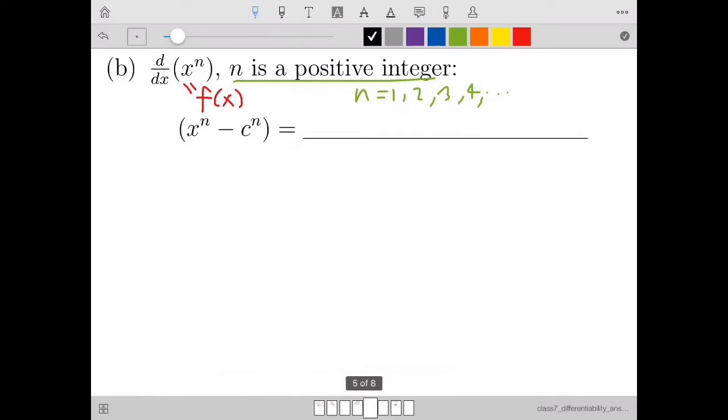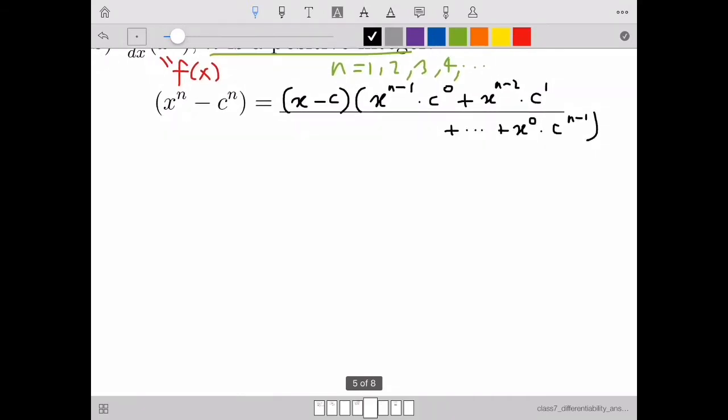It is x minus c times x to the n minus 1, c to the 0, plus x to the n minus 2, c to the 1, plus dot dot dot, x to the 0, c to the n minus 1. It can be factored like that.